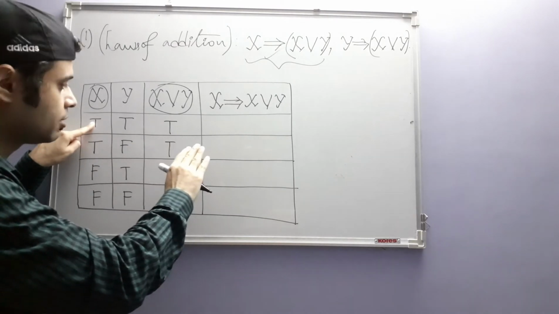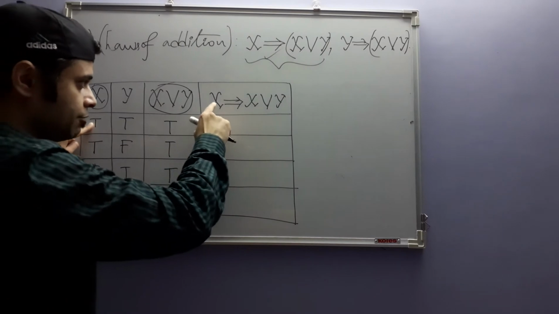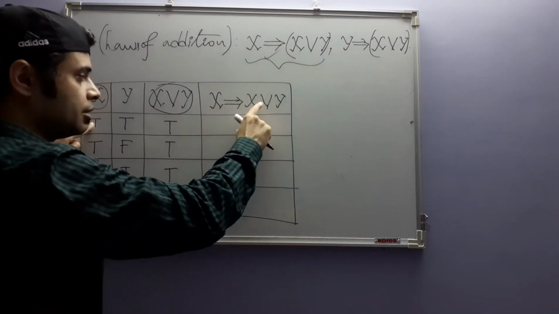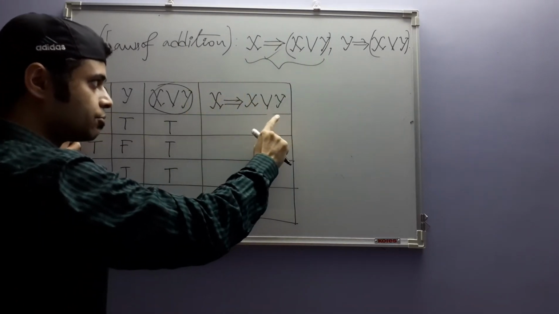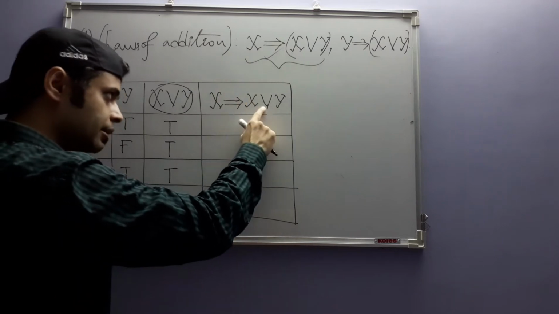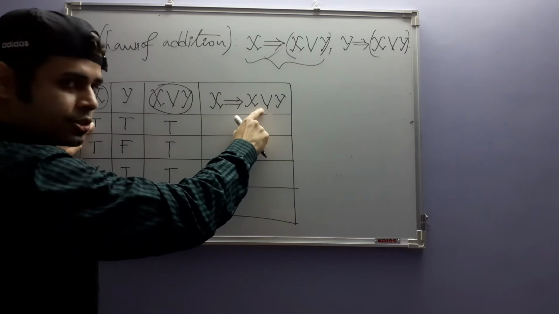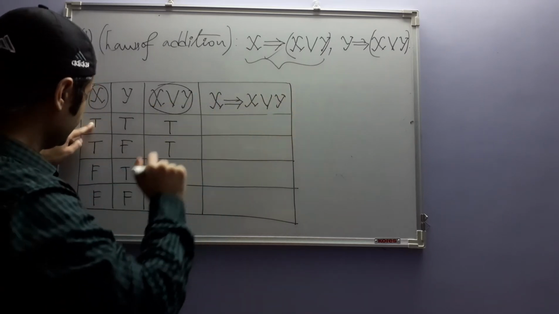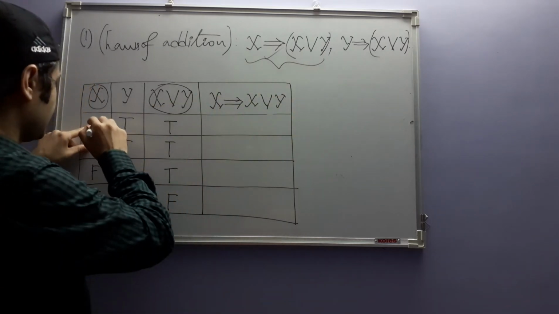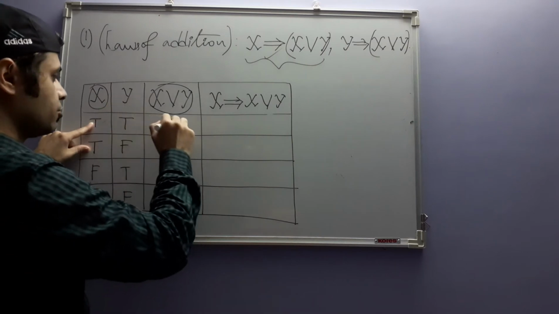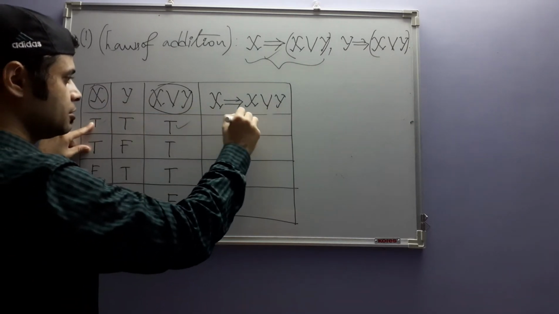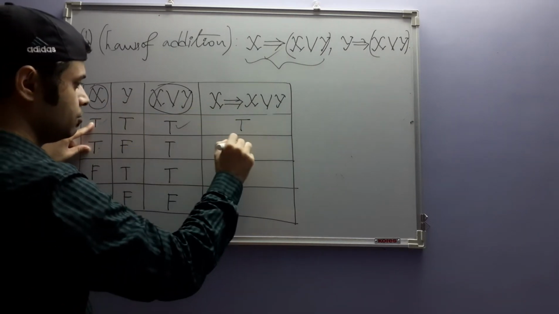Okay, recall carefully. When the hypothesis is true, then the implication is true only when the conclusion is also true. If hypothesis is true and conclusion is false, then implication is false. In this case, you see, hypothesis is true, conclusion is true. So that means the implication is true. True, true, true.